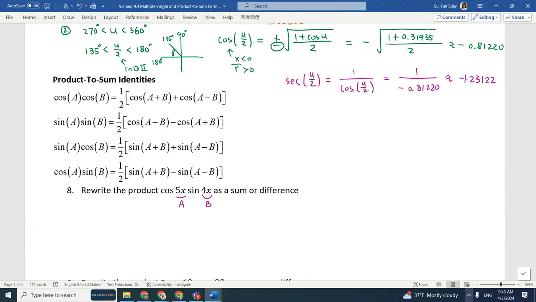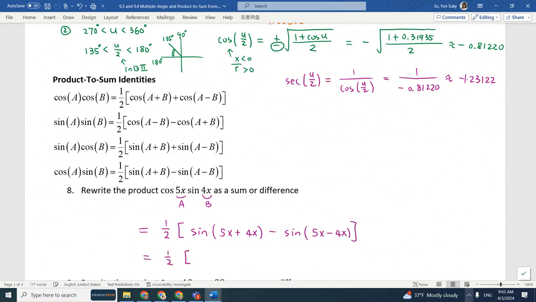So therefore, this equals, plugging into the formula, 1/2, and then sine of 5x plus 4x, yes, A is 5x, B is 4x, minus sine of 5x minus 4x.